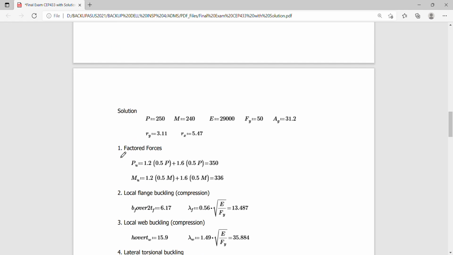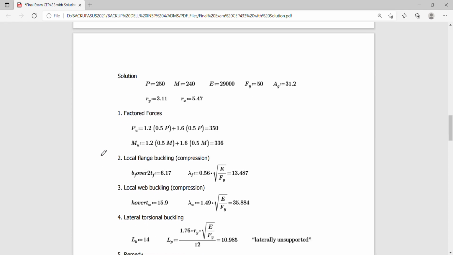For the first part, we define the given parameters we need in order to solve for the unknowns. We have the P and the M. The units are in kips and kip-feet, consistently placed, and for the stresses we have here the ksi.